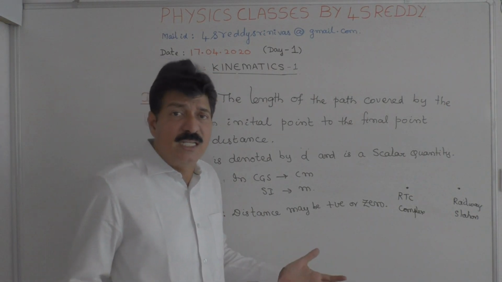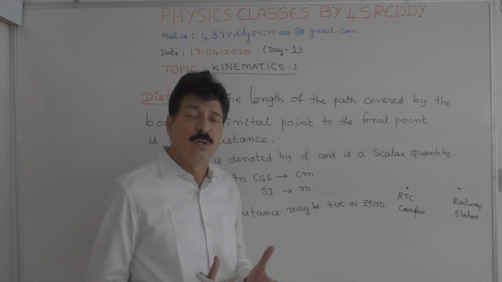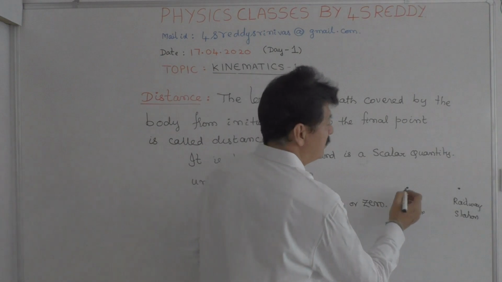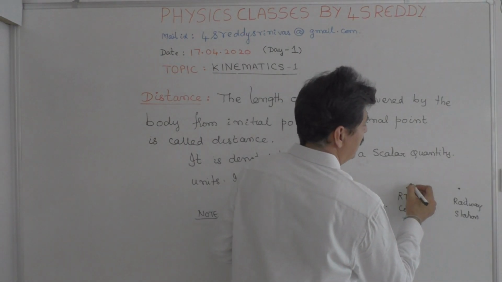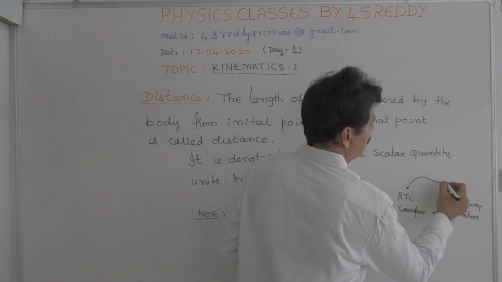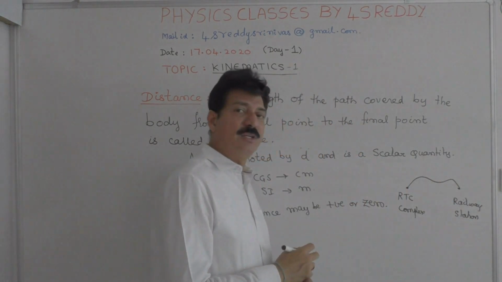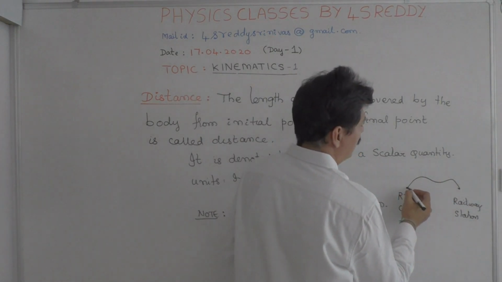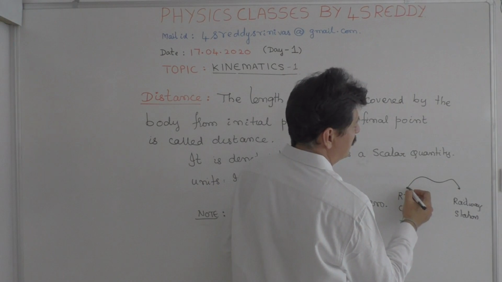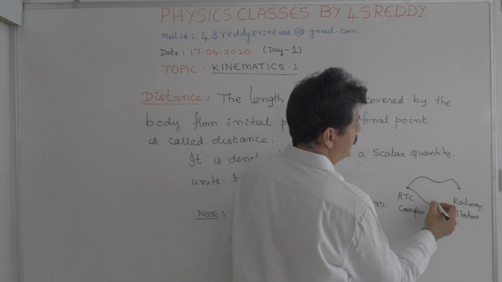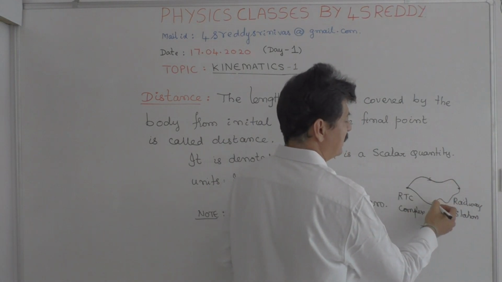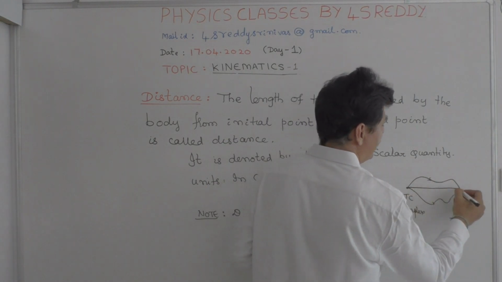Different students may choose different paths to reach the railway station. One will go via Diamond Park and then reach the railway station. One will go via Alipuram. And one will go straight.